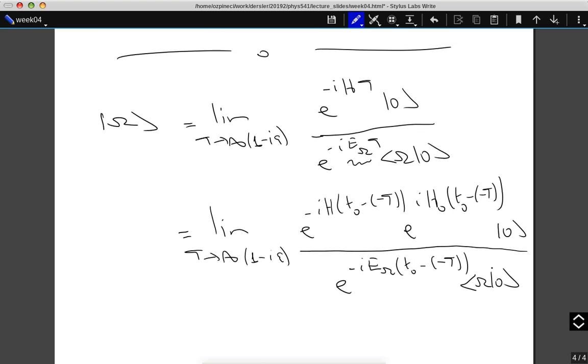Well, do you remember what that operator is at the top? That is the evolution from minus t to t0.